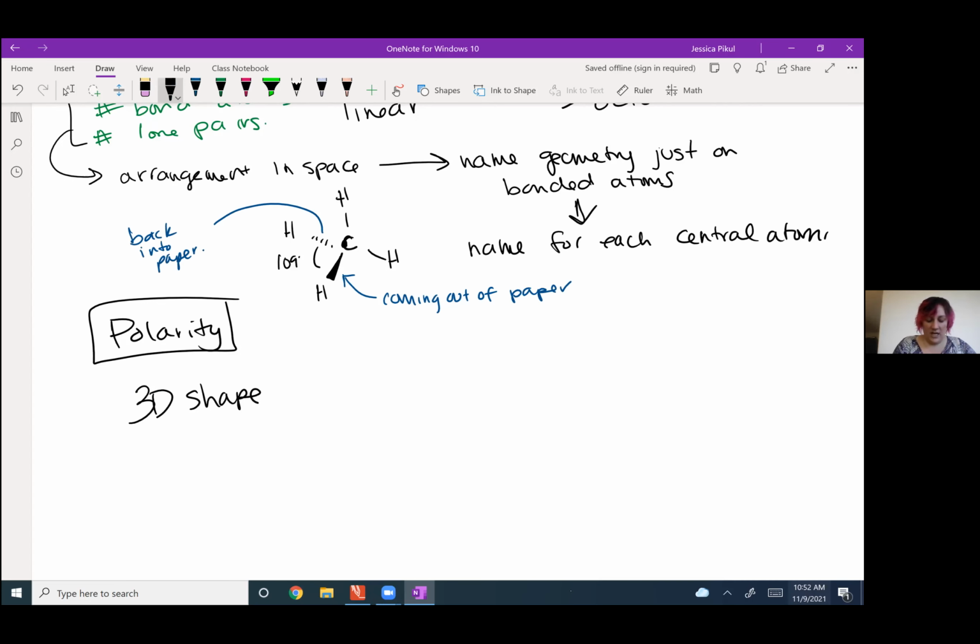Once we have this shape, we can identify any polar bonds, and then we can decide by doing kind of an average of vectors if the molecule is polar.